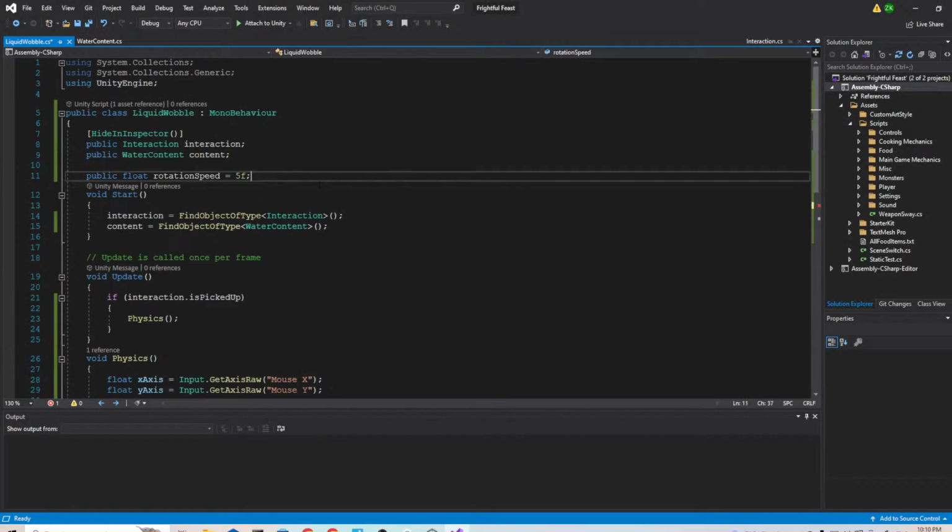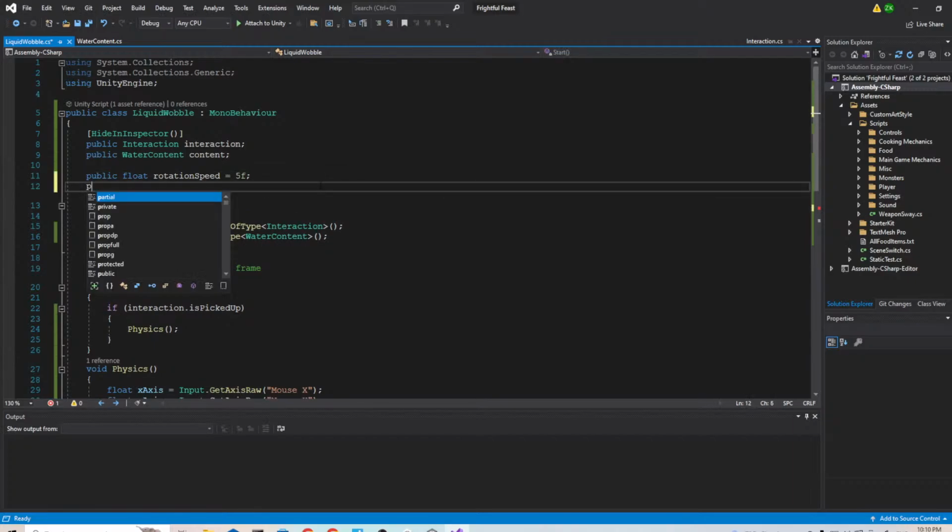Okay. Private float radius. Original radius, maybe. Or just, no, just radius. And maybe we need original radius.